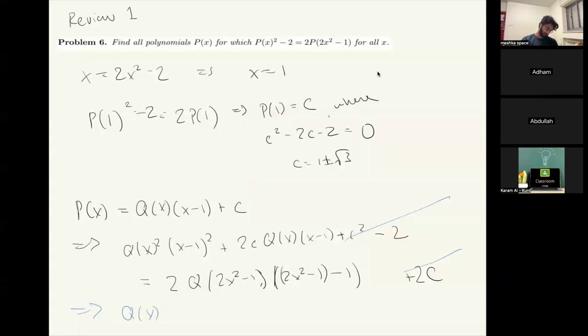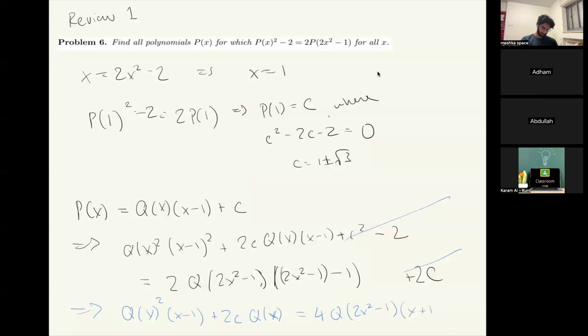q of x times x minus 1, q of x squared, x minus 1, plus 2c q of x equals... what? Equals 4 q of 2x squared minus 1 times x plus 1, yes?